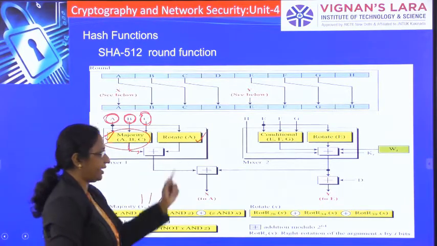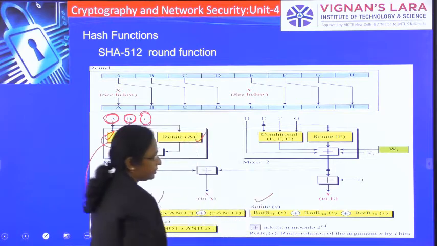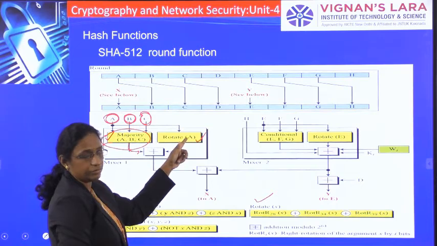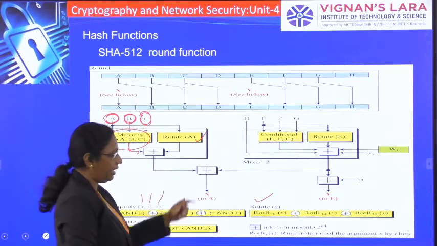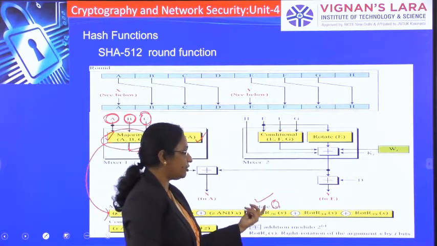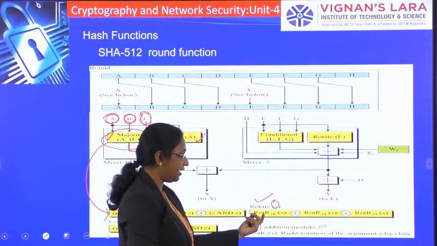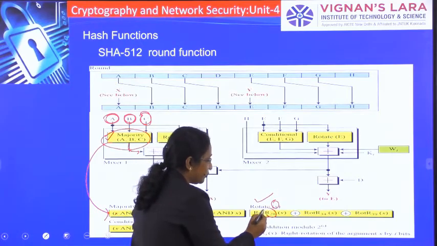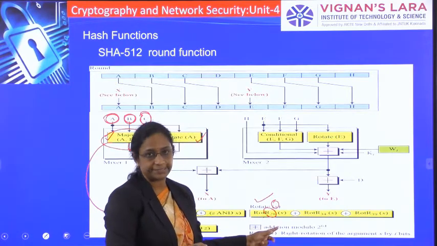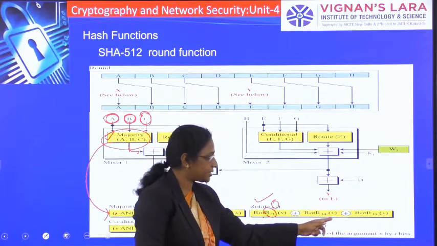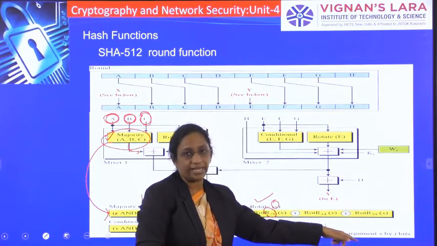Rotate A means this one, where the bits in A will be your X values, and they go through a rotation. R means rotated right 28 bits, and similarly rotated right 34 bits and rotated right 39 bits.